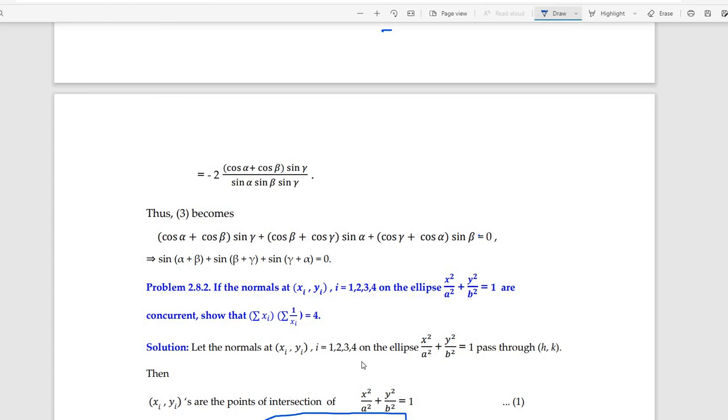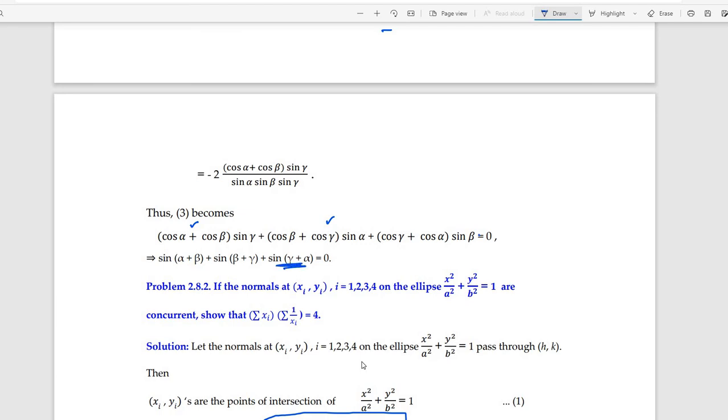And we can club the terms cos alpha, sine gamma, then cos gamma, sine alpha. So these two together, they will give sine of alpha plus gamma, this one.